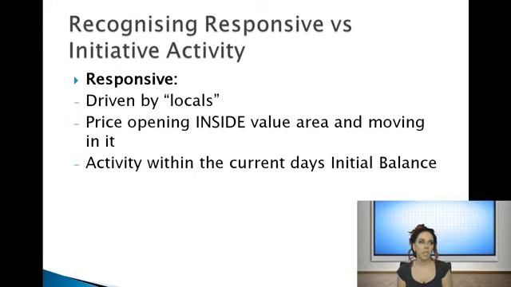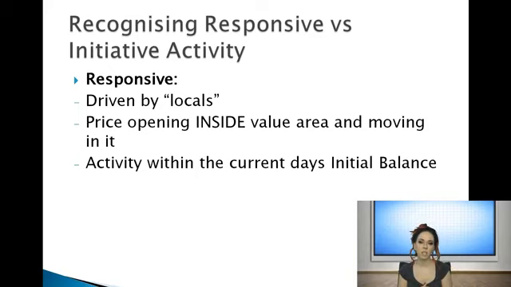This includes things like yesterday's low or high. It can be a session low or a session high. It could be daily pivot tests. Maybe yesterday's value area high or low, or the point of control. So anything that has to do with balance. If you're inside the value area and they're testing the value area high or the value area low, but it's not enough.